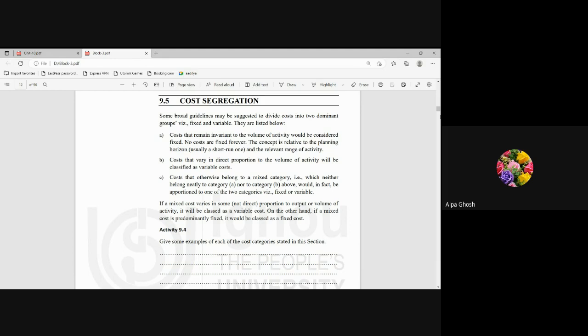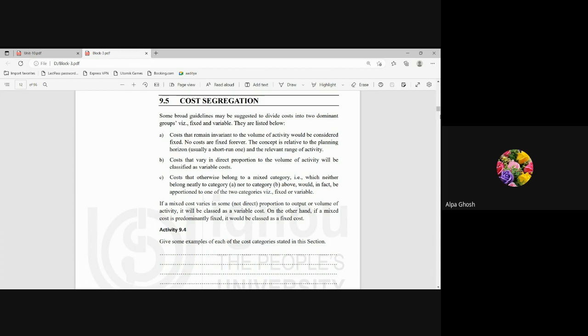No costs are fixed forever. The concept is relative to the planning horizon, usually a short run one, and the relevant range of activity. It is only a planning for short term. We know that no cost is fixed. It may be fixed to a certain extent, but if continuously there is an increase in the volume, the cost needs to be changed. Costs that vary in direct proportion to the volume of activity are classified as variable cost.